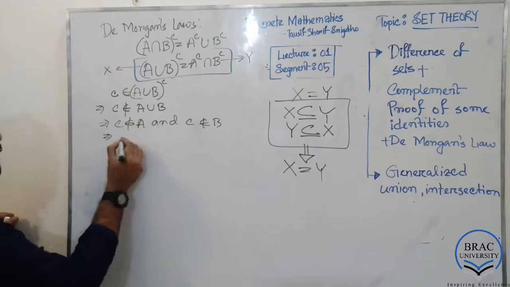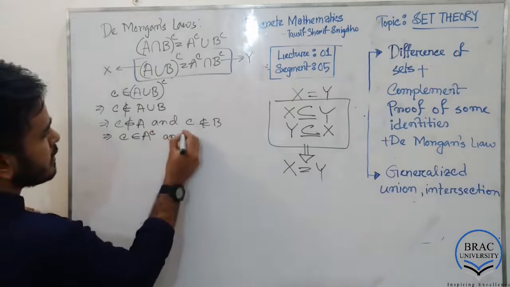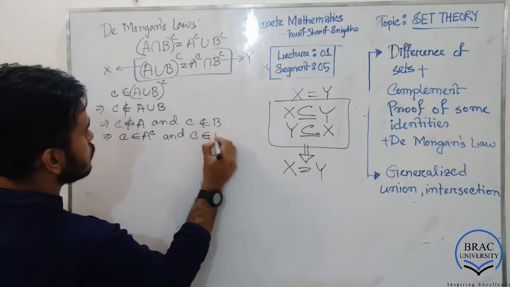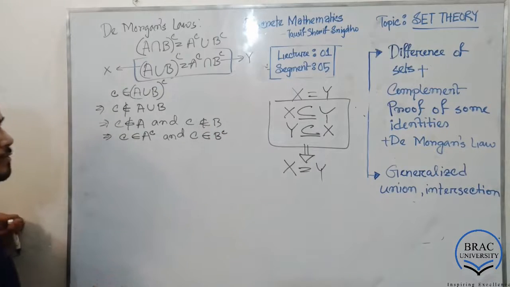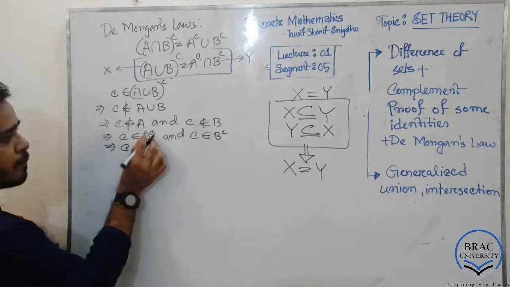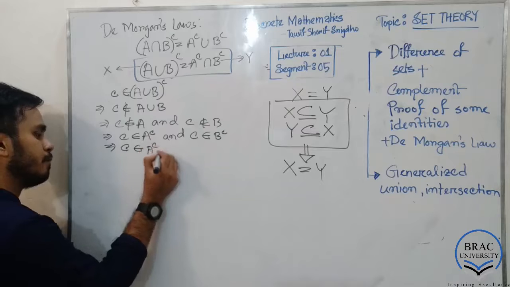Since c doesn't belong to A, that means c belongs to A prime, and since c doesn't belong to B, that means c belongs to B prime, right?